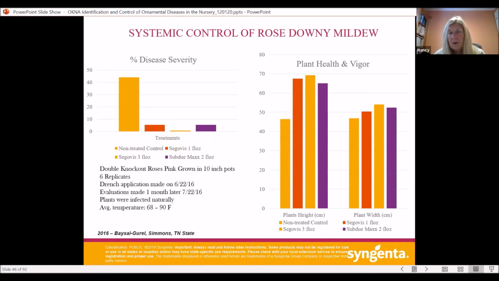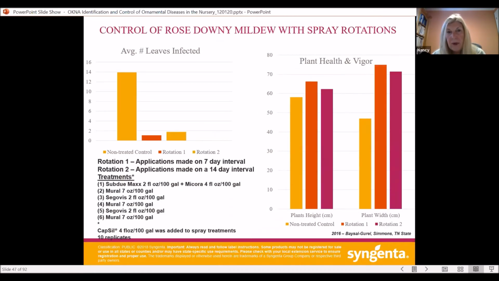Now we know it's difficult to get drenches on when you have several acres of roses or crops that need to be drenched. So you can use this in a spray rotation as well. And here we actually looked at a rotation program on a 7 versus a 14-day interval. We started with Subdue as a spray.